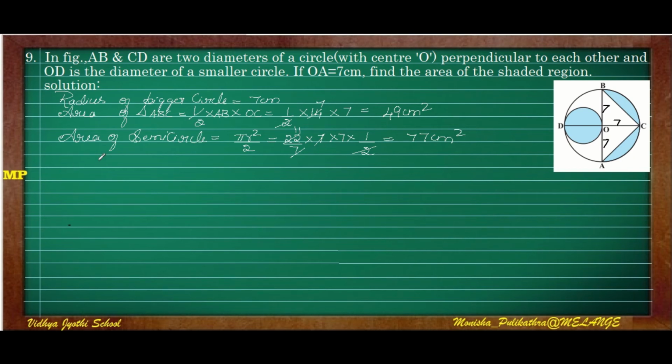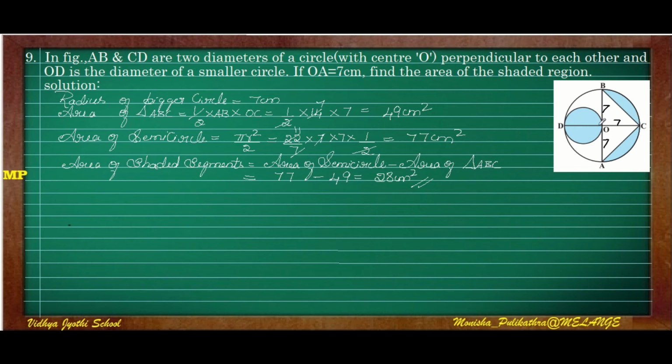Next we need to find out area of the shaded region. So area of shaded segment is equal to area of semicircle minus area of triangle ABC. So 77 minus 49, which is equal to 28 centimeter square.